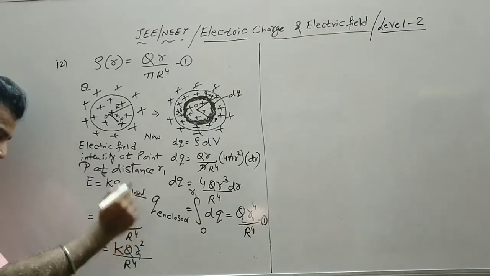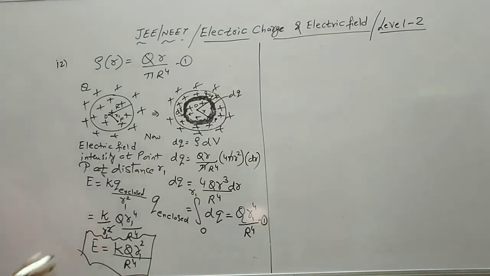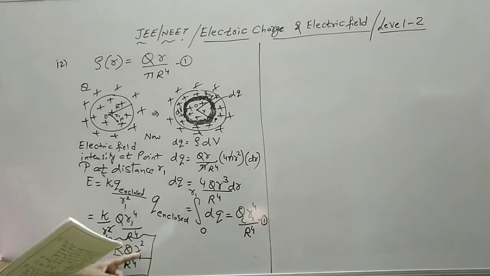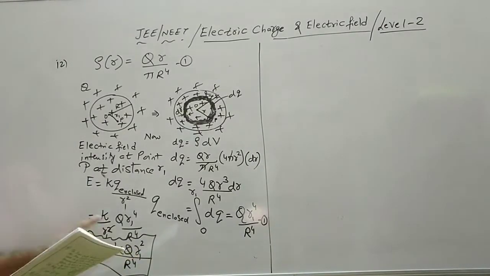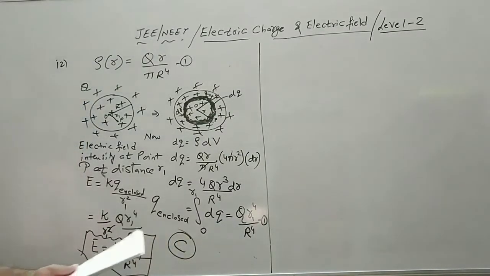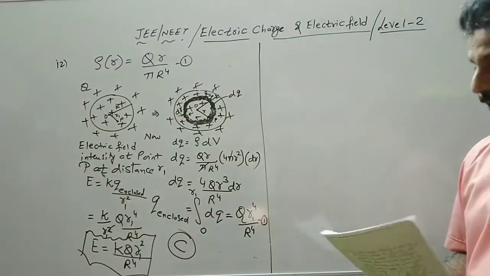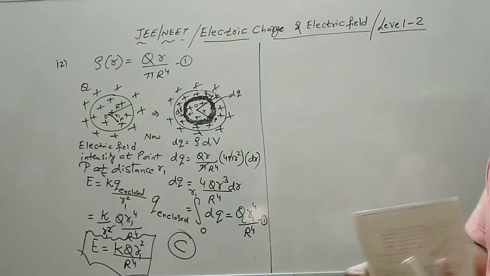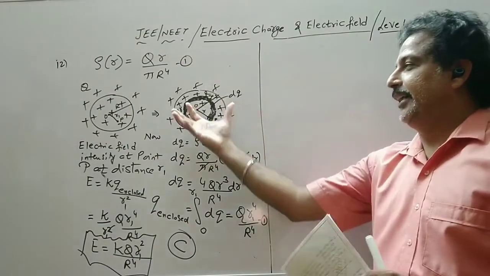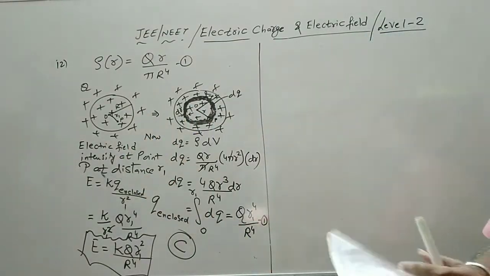This square is cancelled with this. So the electric field intensity is K Q R1 square upon capital R raised to 4. So it is again option C given. So again this is the case of dividing the entire source into small elements.